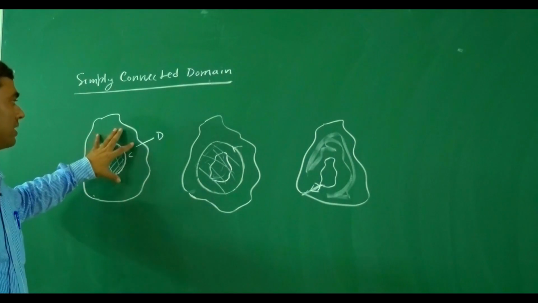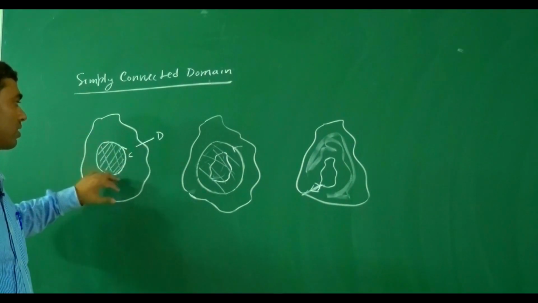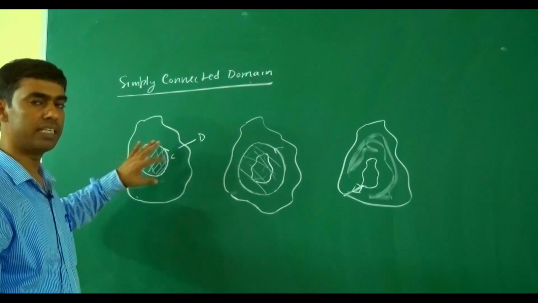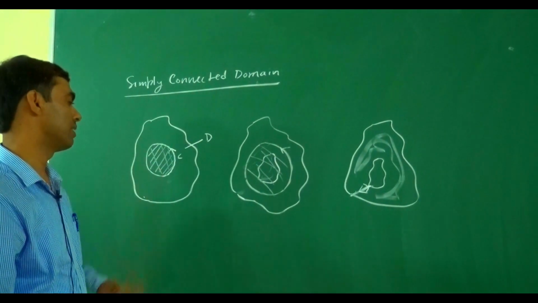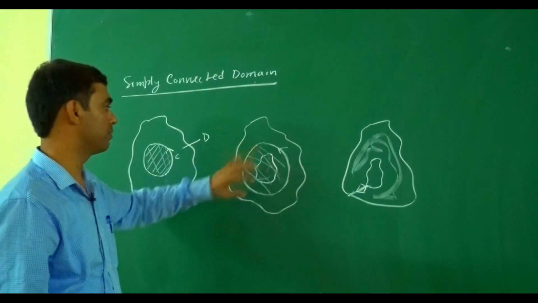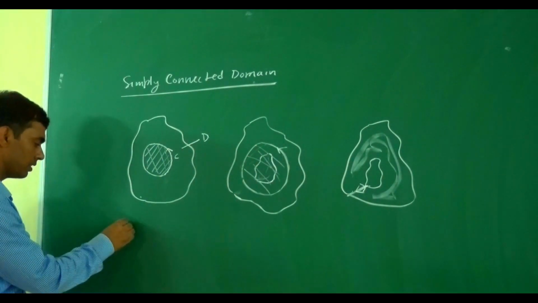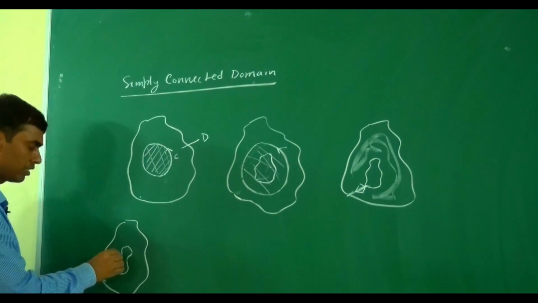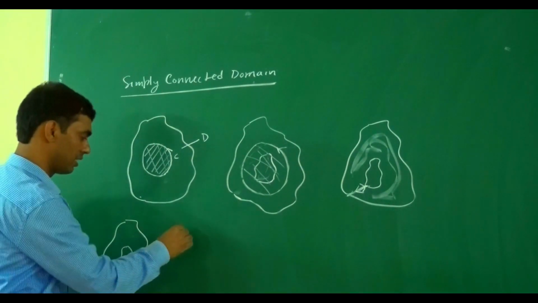So if there is one region, and we draw a closed curve, and the inner region of the closed curve totally lies in D, then we say this is a simply connected domain. If there are two regions, this is called a doubly connected domain.